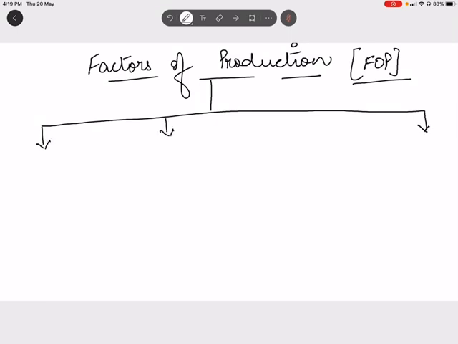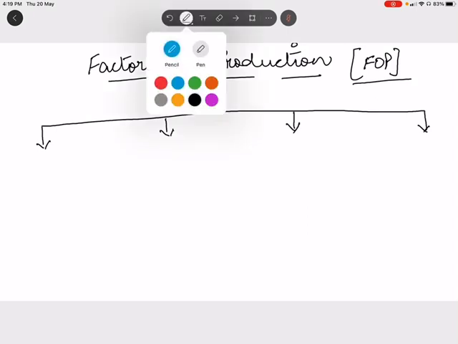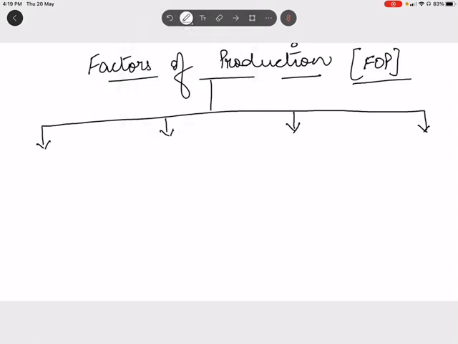Now let's list them down one by one. First one is land. Second, labor. Third, capital. And fourth, and the last one, is entrepreneur. Right. So these are the four main factors of production which help in the production process. Now let's discuss these one by one.